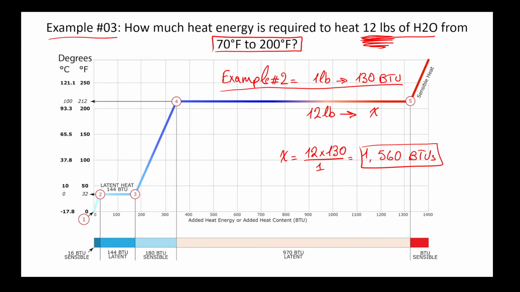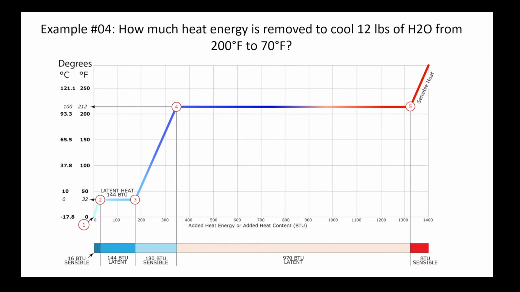All right. Example number 4 is how much heat energy is removed to cool 12 pounds of H2O from 200 degrees Fahrenheit to 70 degrees Fahrenheit. There are 2 ways to go about this.